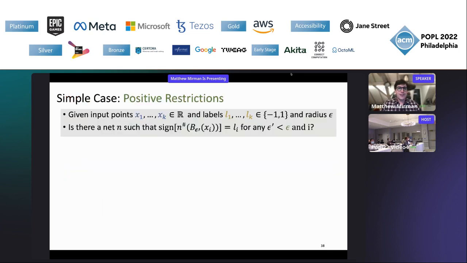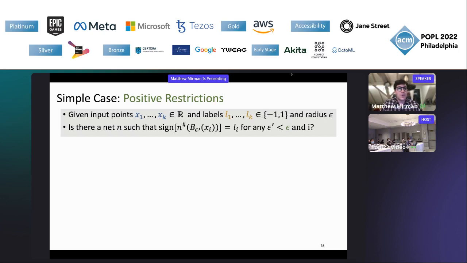So the easiest way to see how this is possible is to look at a simple construction problem, which is just whether we can interpolate data, or specifically whether we can classify a finite data set completely correctly. So imagine even in one dimension, we're given k points, x1 through xk, and positive or negative labels for these points, l1 through lk, and a certification radius, epsilon.